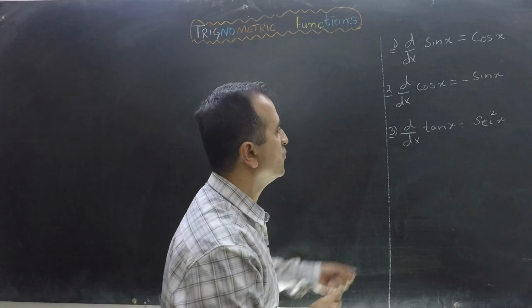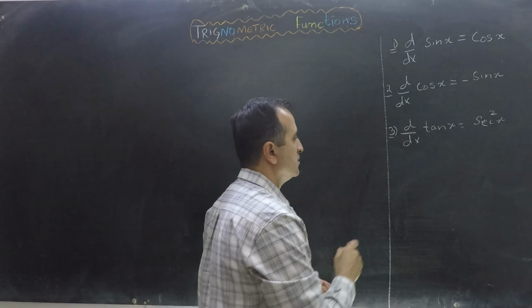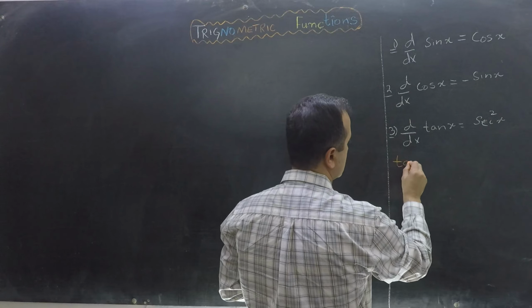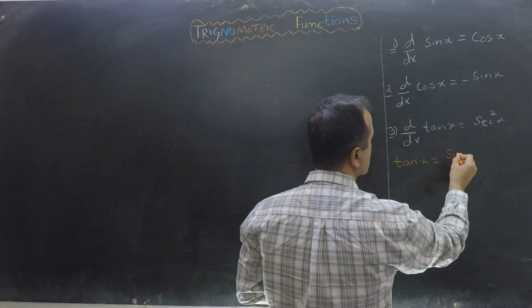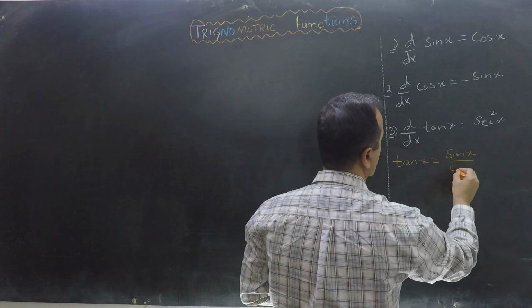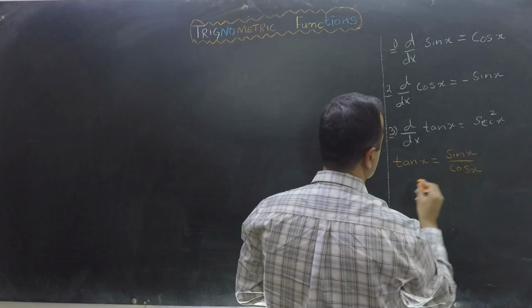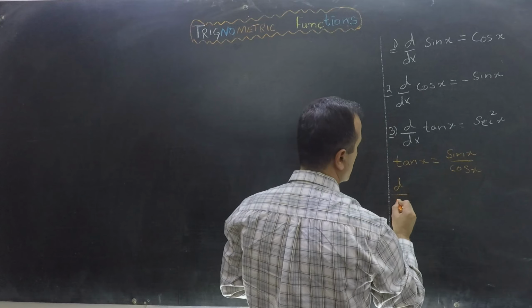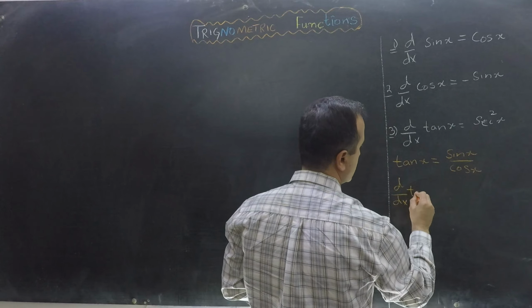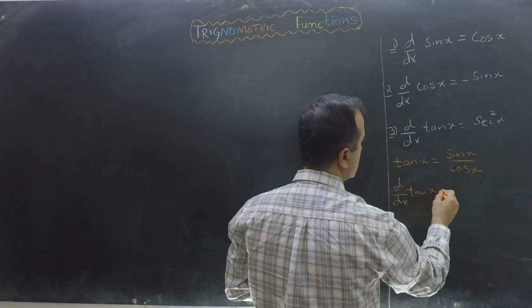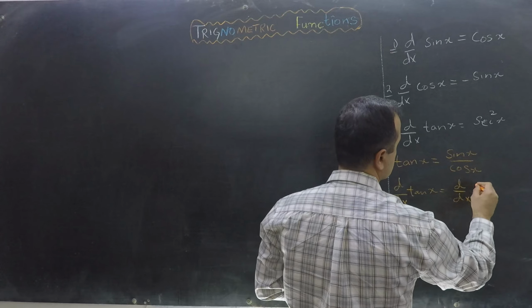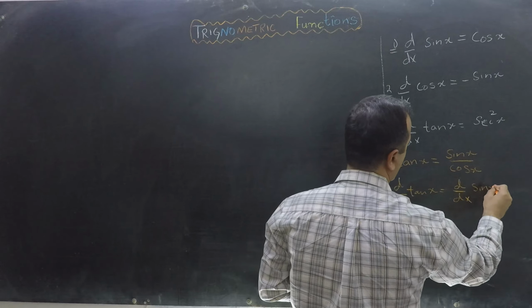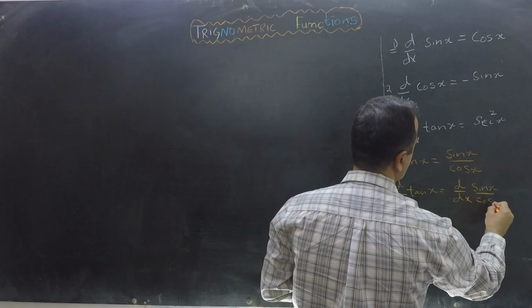Let's prove this one quickly. So we know that tan x is equal to sin x over cos x. So derivative of tan x will be derivative of sin x over cos x.